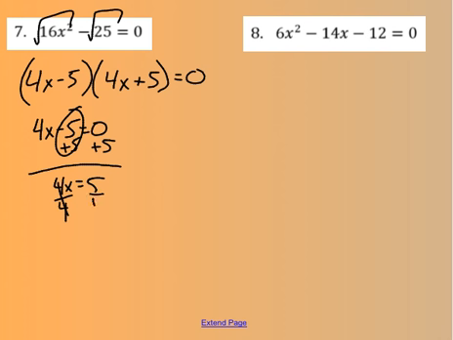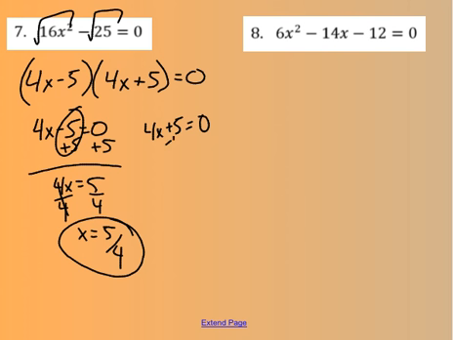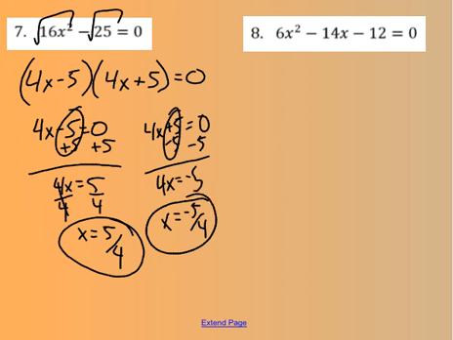Well, divide by 4, x equals 5/4. And then when I go to the other one, I have 4x plus 5. Well, what happens? I have to just subtract the 5, and then I'm going to have its opposite. I'm going to have x equals negative 5/4. So you can see the special cases.